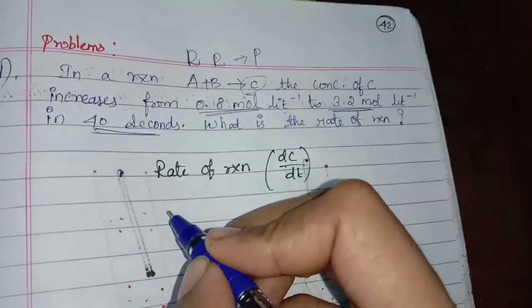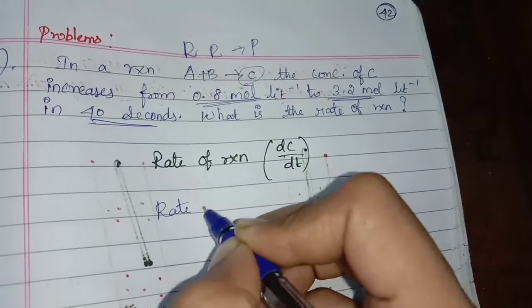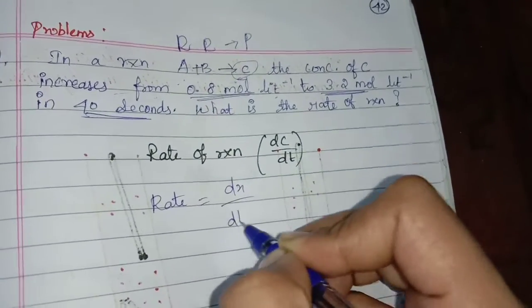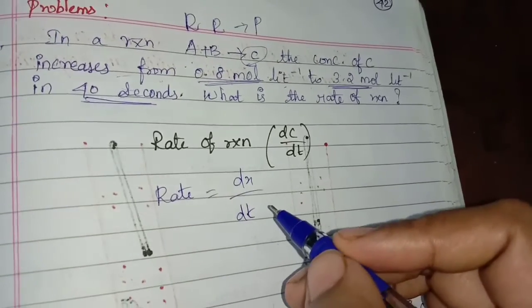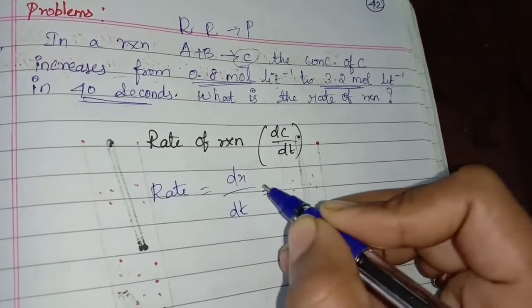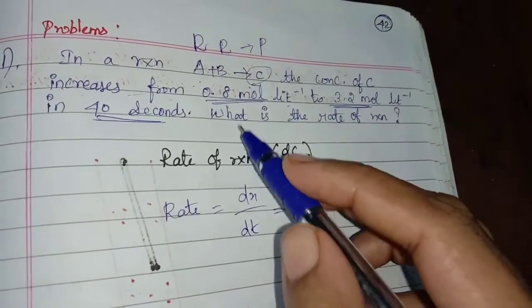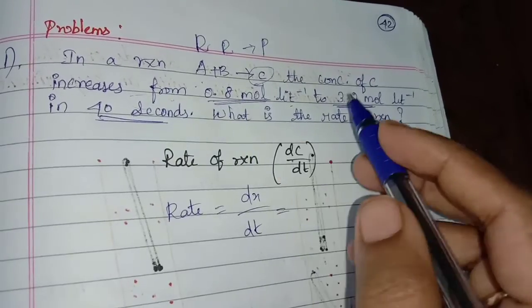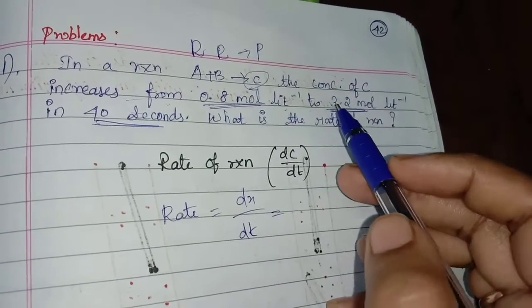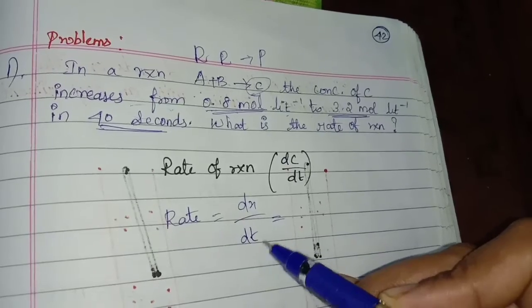Okay, the rate of the reaction formula, what I said: rate is equal to dx divided by dt. dx means a change in mole concentration. What is the change in mole concentration? Here 0.8 to 3.2 is the change in mole concentration. What is the time? 40 seconds.